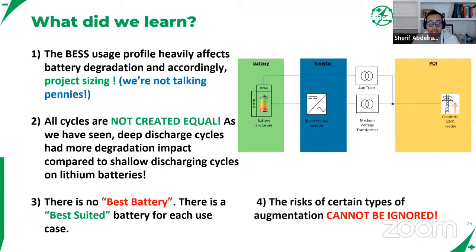The last point: the risks of certain types of augmentation cannot be ignored. In optimization 3, we went through the finances, we calculated how much we're going to spend on batteries in the beginning and throughout the project if we're doing augmentation, and how that affects our IRR. But we then talked about the different risks of different architectures.